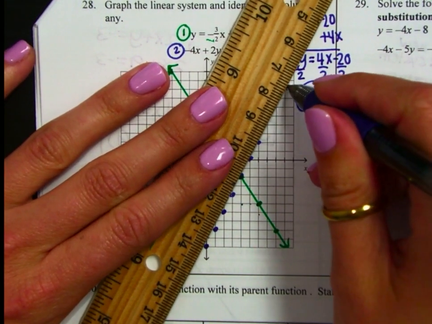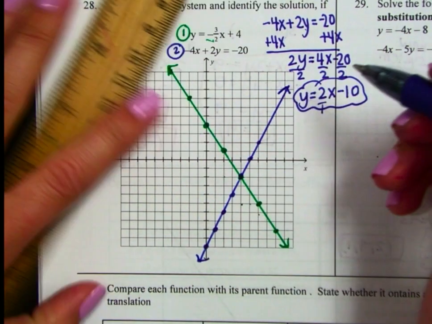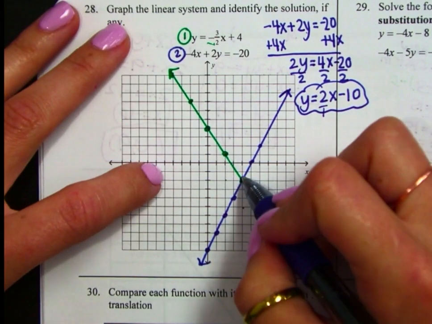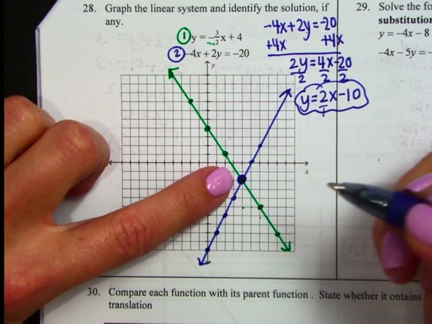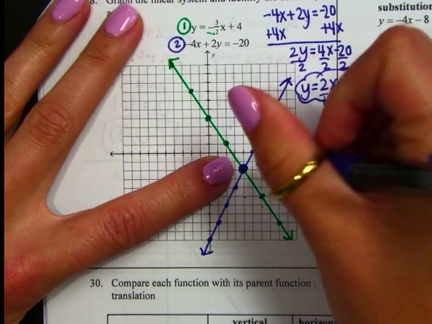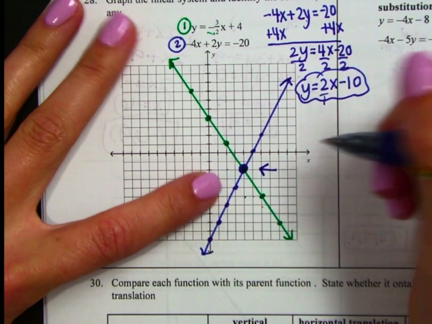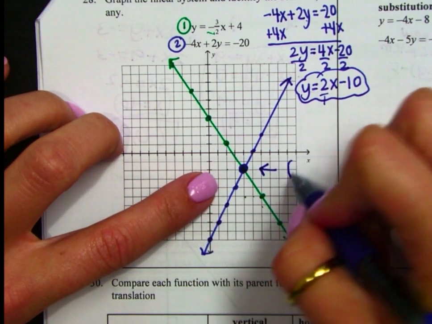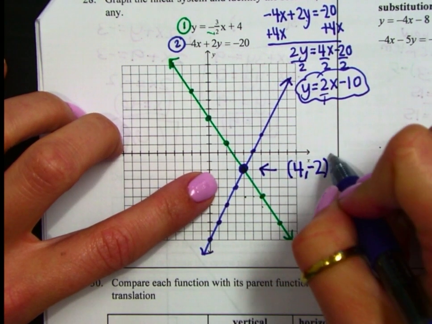So go ahead and draw that line. And when you're solving a linear system or any type of systems, you're looking for where your graphs are intersecting. So our solution is going to be at that point where they intersect. That is at 4, -2.